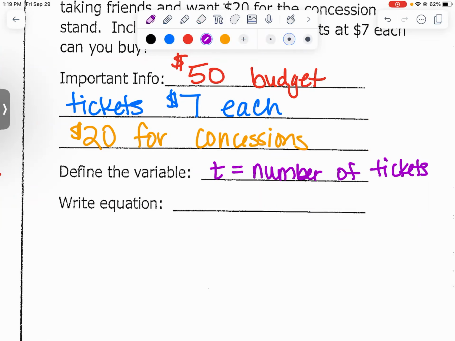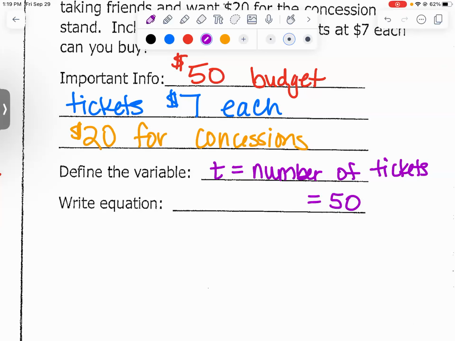Kanaya, what number needs to be all by itself, like it equals this much? Okay, $50 needs to be all by itself, because that's our total that we have. Now we need to figure out what goes on the other side.